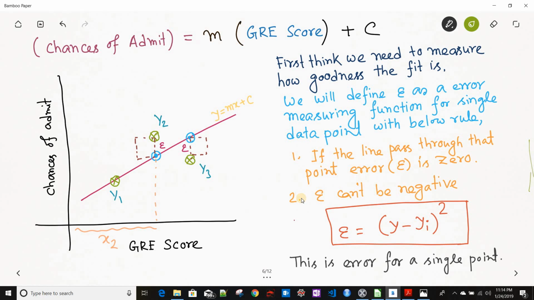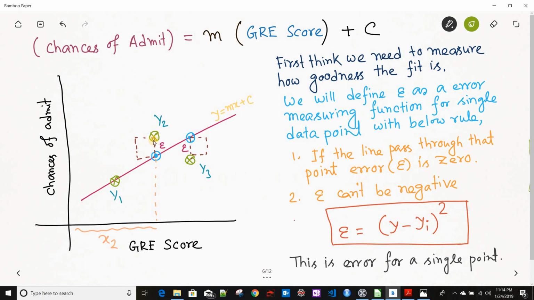Now, we can also think of error as something that cannot be negative. Okay. Now, why am I saying that? Let's talk about these 2 points. Okay. This y2 and y3 point. Now if you see this line passing below the y2, and this line passing above the y3, it is not passing through any of them. Okay, now in the simplest term the error could be the difference of these two values, y, the predicted value, minus the actual data point value, yi.